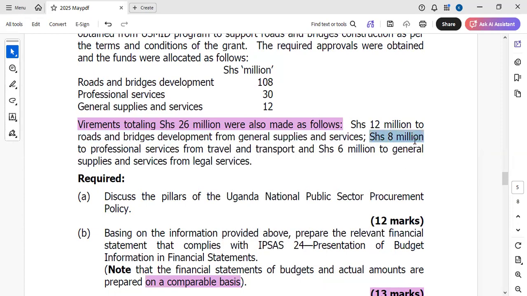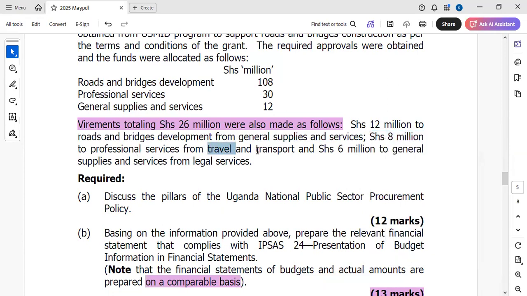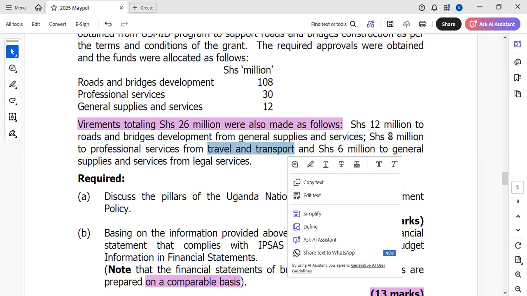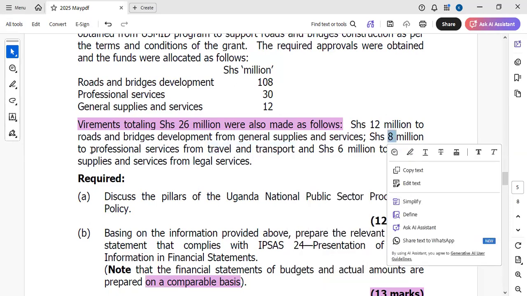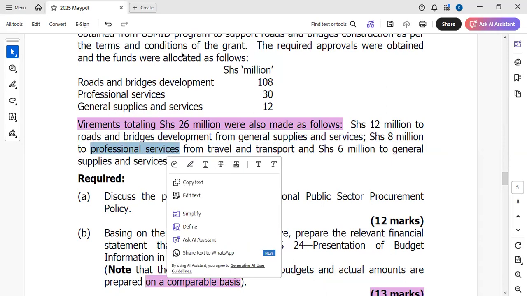Then 8 million to professional services, but is coming from where? From travel and transport.